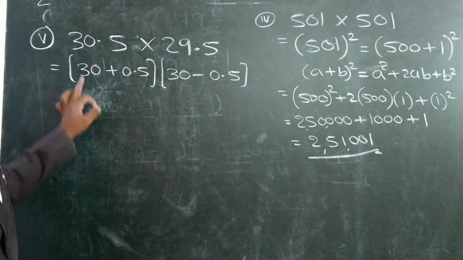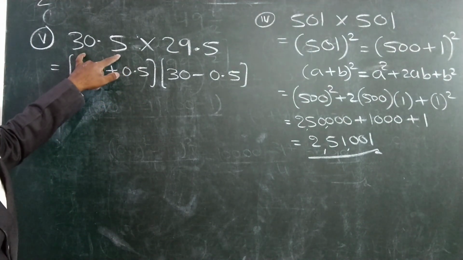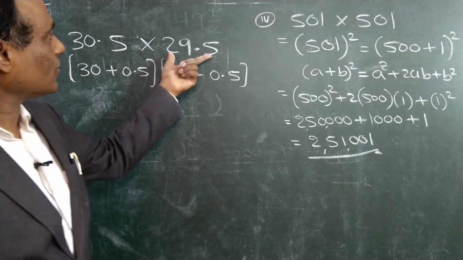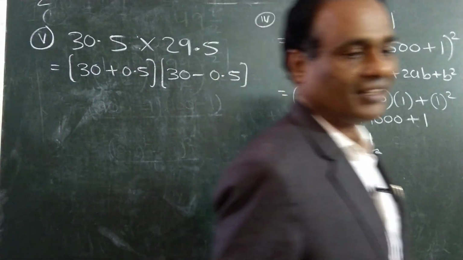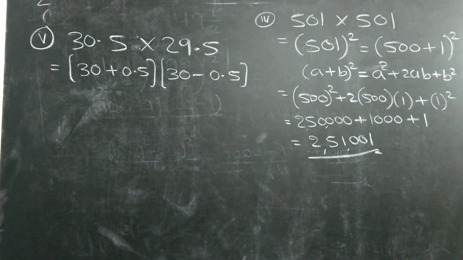Like 30 plus 0.5, 30.5, 30 minus 0.5, 29.5. Can we write like that or not? Tell me.